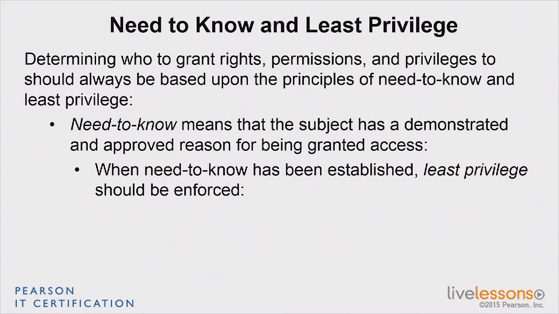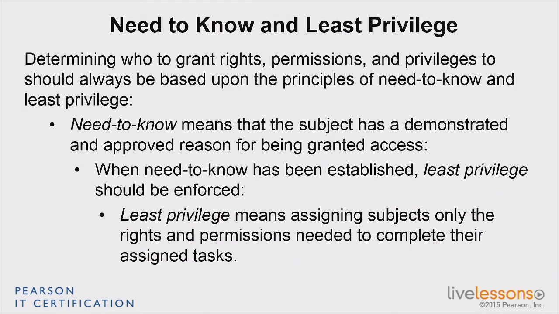Once need to know has been established, then the principle of least privilege should be enforced. Least privilege means assigning subjects only the rights and permissions needed to complete their assigned task. So need to know so that the subject has a demonstrated and approved reason for being granted access, and then least privilege so that the subject should only be assigned the rights and permissions needed to complete their assigned tasks. Need to know and least privilege always go hand in hand.